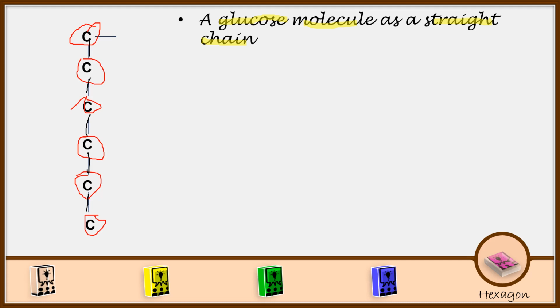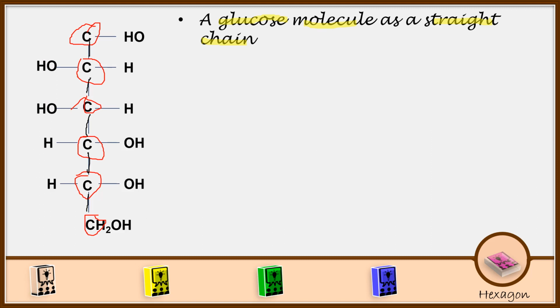Now let us try to join the other bonds. If we go on joining those other bonds, that's what we are going to get. So here we shall have our carbon, then we have OH, and then here carbon, OH, H, carbon, OH, H, H, OH, H, OH, and then here we have CH2OH.